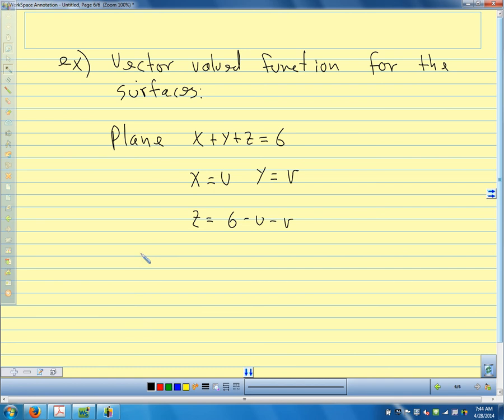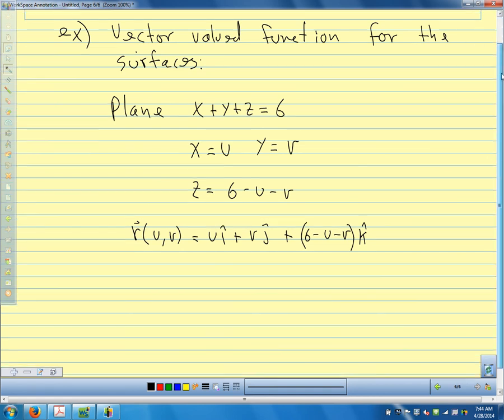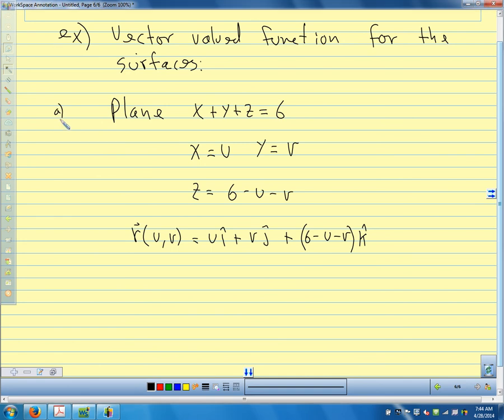So our vector valued function, r of u and v, our parametric form, would be u i hat plus v j hat plus 6 minus u minus v k hat. And we could have left our parameters just as x and y and just written this as r of x and y and done the same thing. Is there any easier way to do this? No. That's about all we can do with that one.